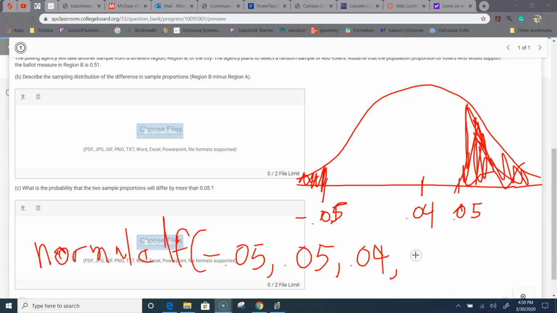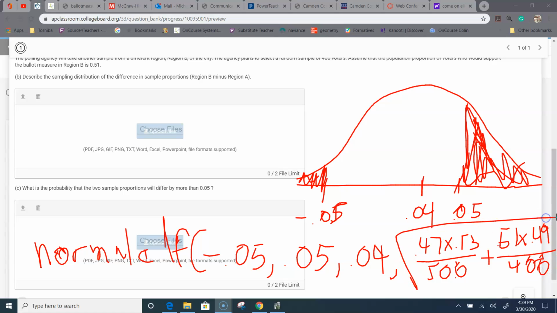It's that big formula I just had up here, 0.47 times 0.53 divided by 500. Add our variances, 0.51 times 0.49 divided by 400. And we take the square root of that. Okay, so we'll normal CDF that, and we ought to get the probability that they differ by more than 0.05.